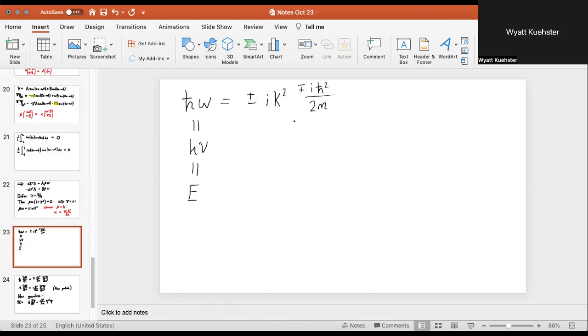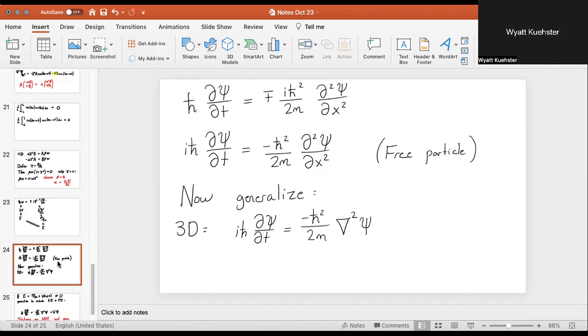And then k squared h bar squared over 2m equals p squared over 2m, which equals E. Okay, so these are equal. So we picked them right. Okay, so now put them in with the derivatives.